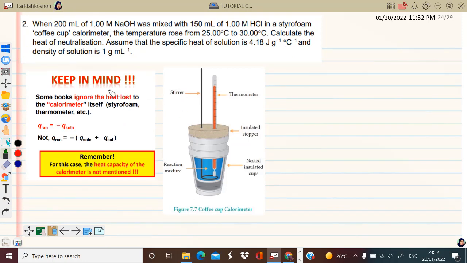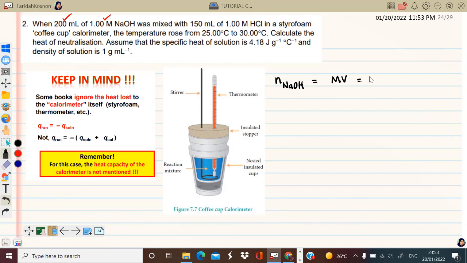So how we are going to solve this problem? Ni tadi yang saya dah sebut. Jadi first of all, you have to determine the initial mole of each reactant. So cari dulu initial mole bagi sodium hydroxide. If you refer here, we have the volume, we have the concentration. So how to determine the mole of sodium hydroxide used here ataupun provided? By using MV. Bila saya guna MV, maksudnya molarity darab volume in liter siap-siap.